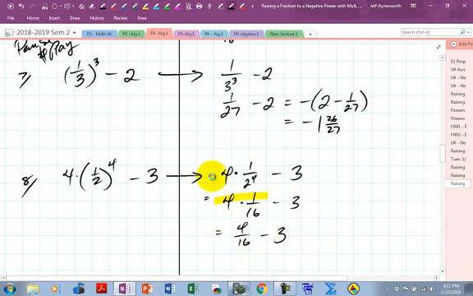Well, we know that's negative, because small minus big is always negative. And you got to be thinking, what in the world is 3 minus 4/16? Actually, you know, let's simplify this. 1/4 minus 3. So let's change this to 3 minus 1/4. Always simplify first.